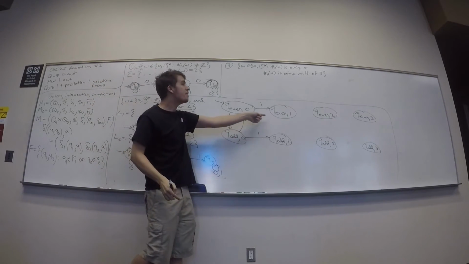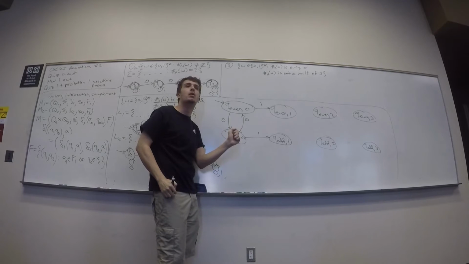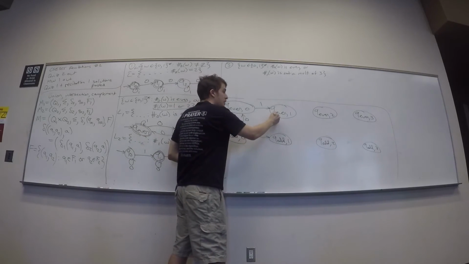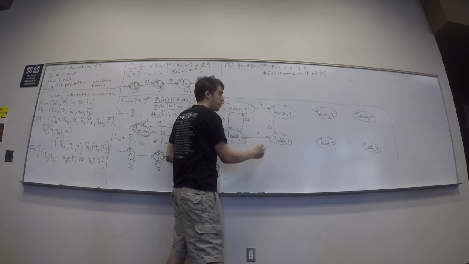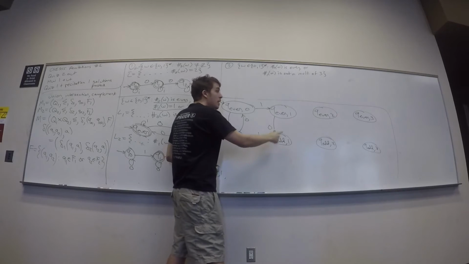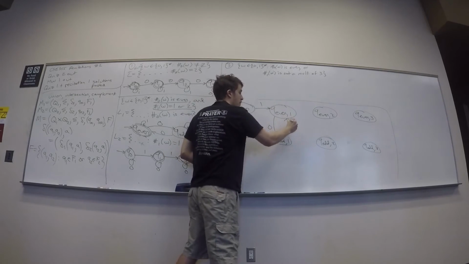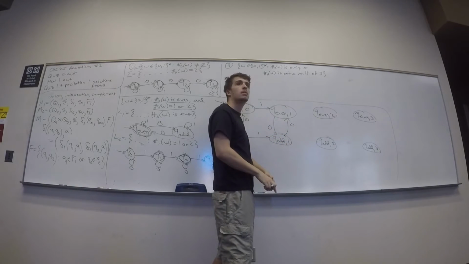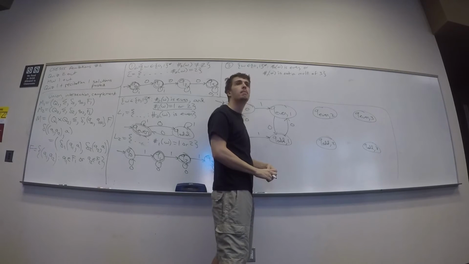So what do you think even 1 is going to do on input 0? Odd 1, purely from that reasoning. Different row, same column. Odd 1 on 0? Even 1, good. What do you think the two states are doing on input 0? Same thing.